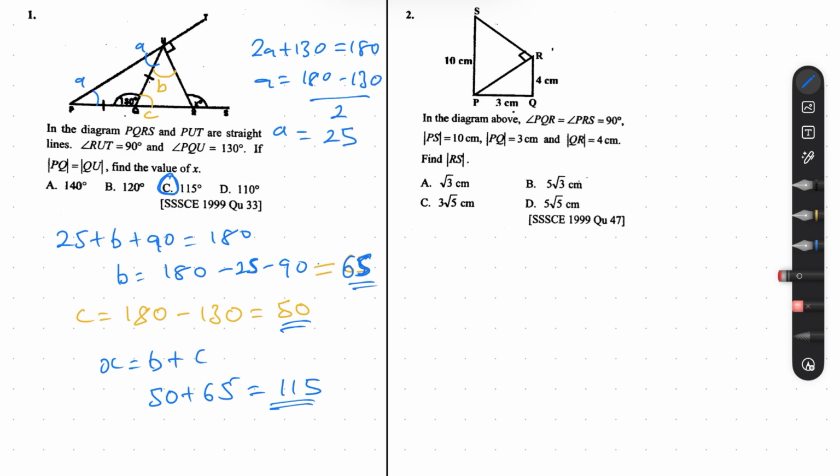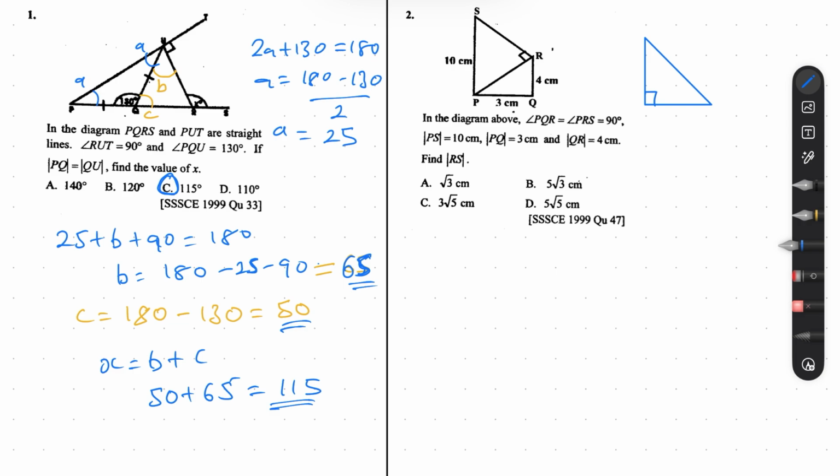Okay, so question number 2 is basically talking about Pythagoras theorem. And what is Pythagoras theorem? Pythagoras theorem says that when we have a right-angled triangle, that means one of the angles is a right angle, which is 90 degrees.